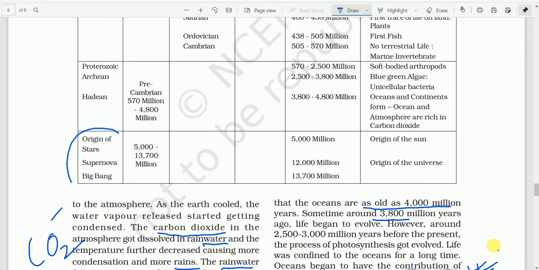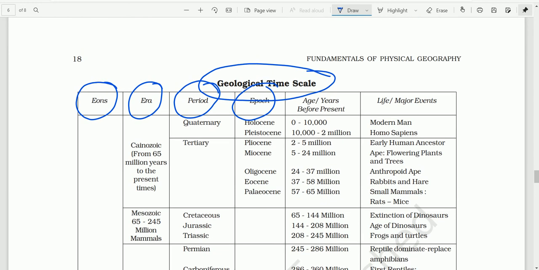The origin of the stars and supernova took place between 5,000 and 13,700 million years before present. And now we are here, modern man. We are living in the Holocene epoch.